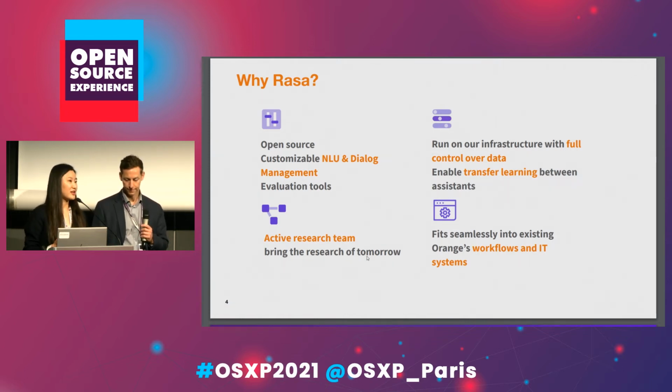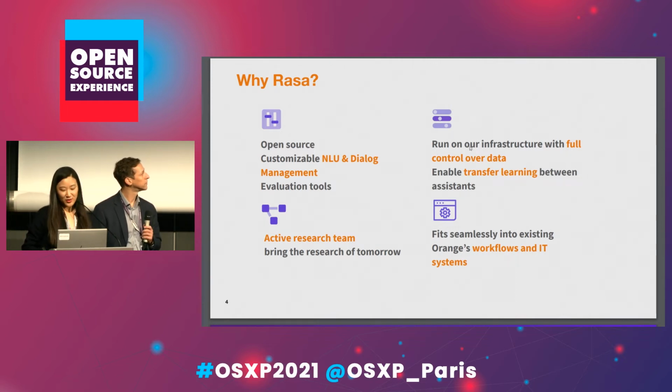As you know, artificial intelligence is a field where the research is really active. The best algorithms and methods considered the best of today may not be the best of tomorrow. So we really appreciate the performance of the Rasa research team to bring the research of tomorrow.